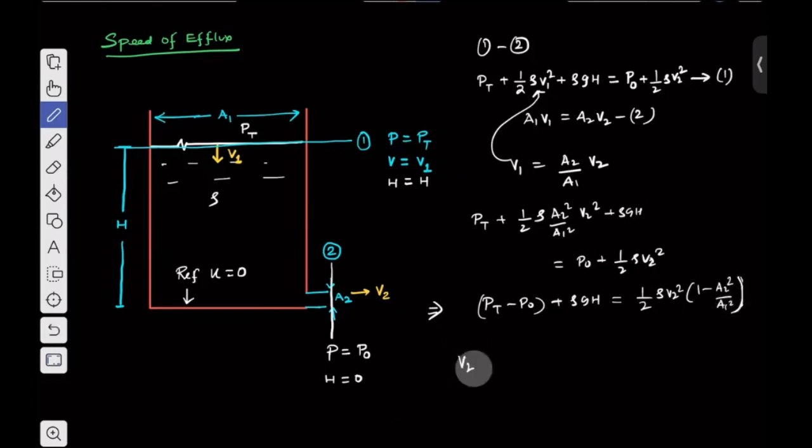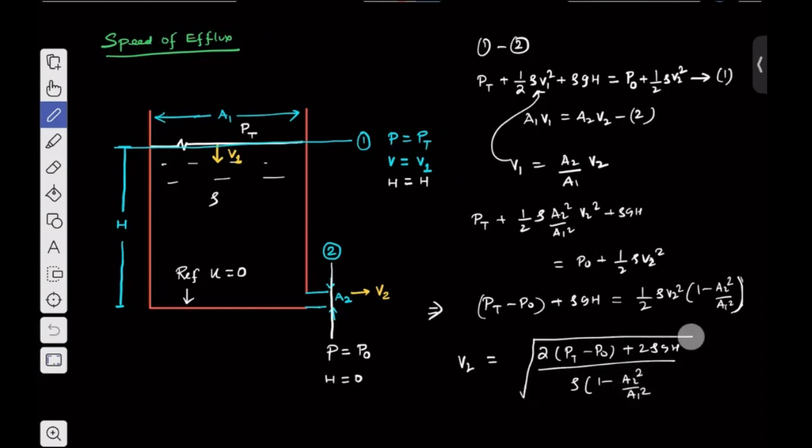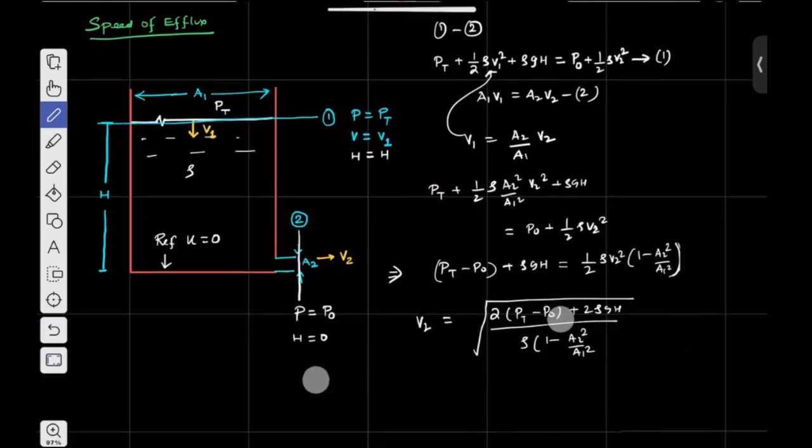So V2 is going to be equal to the square root of twice PT minus P naught plus twice rho g h, divided by rho times 1 minus A2 square by A1 square. This is the velocity of efflux in general.